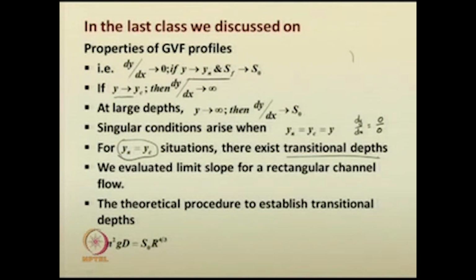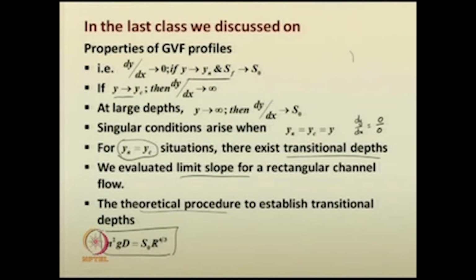For that, first we evaluated the limit slope. As a demonstrative example, we evaluated the limit slope for a rectangular channel, and we also gave a theoretical procedure for how to establish the transitional depth thereafter. This was the equation derived, if you recall: n squared g D is equal to S 0 R to the power of 4 by 3.